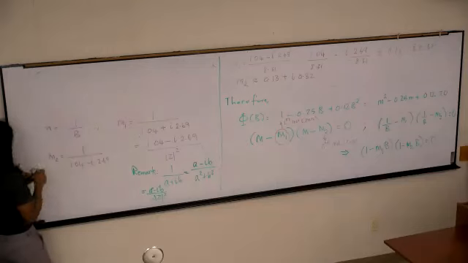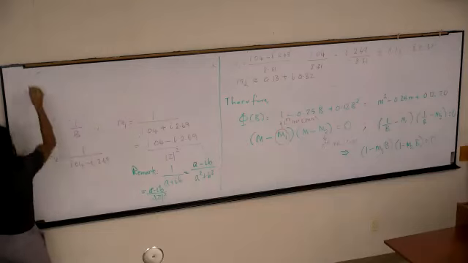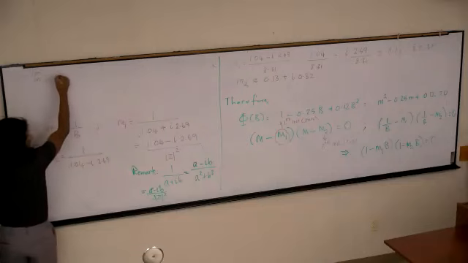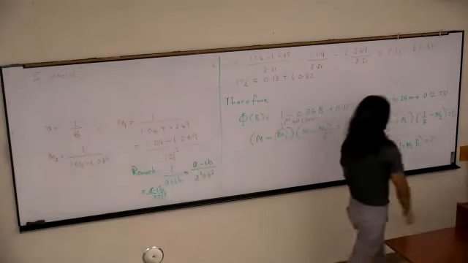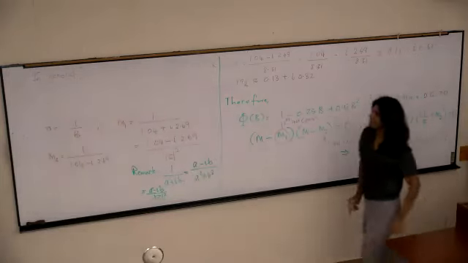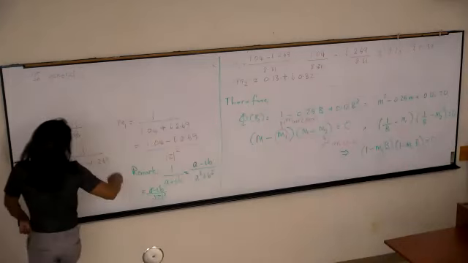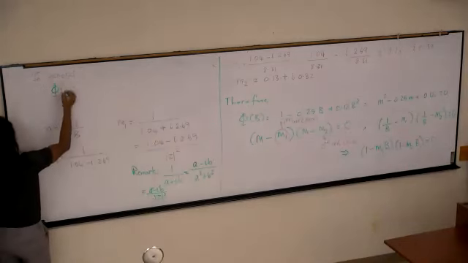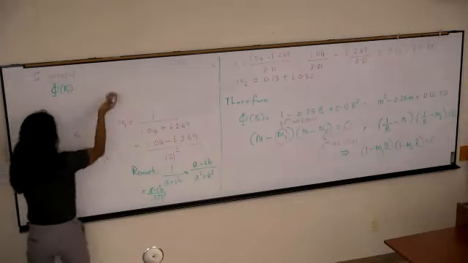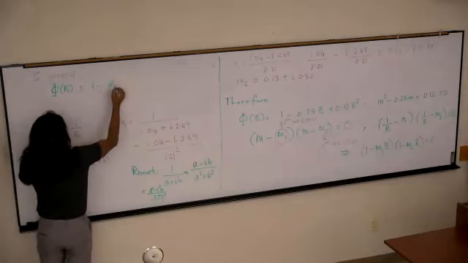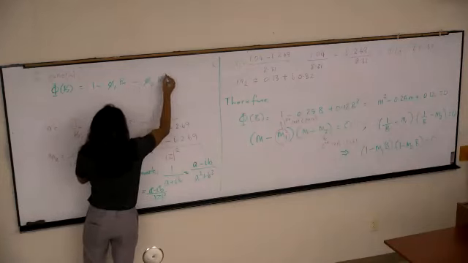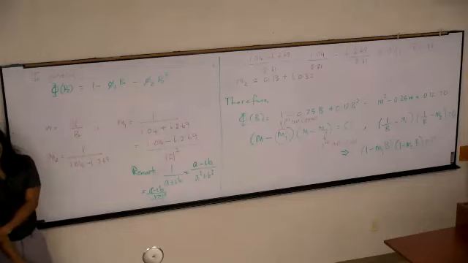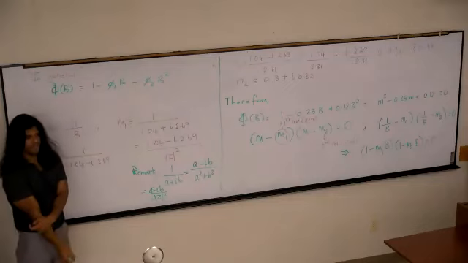In general, instead of those numbers, if I have an AR2 model specified this way, 1 minus phi1 B minus phi2 B squared, that is the characteristic equation of an AR2 model.